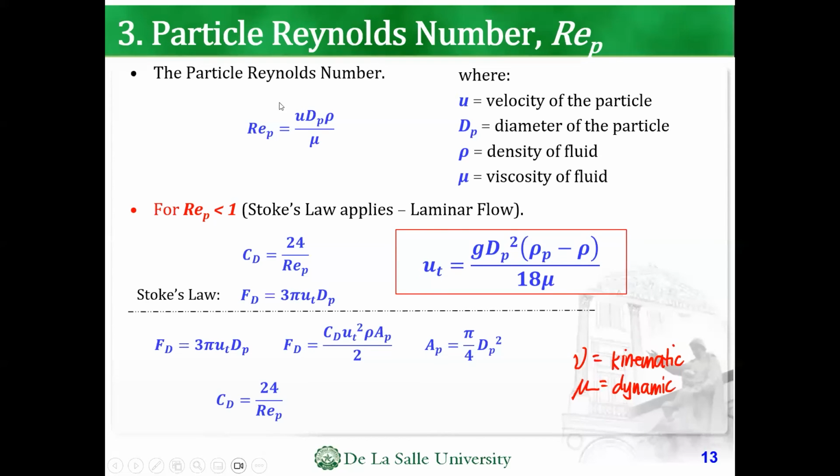Do take note, guys, that for the Reynolds number, apart from the density of the particle and the terminal velocity of the particle, the rest are for the fluid. Of course, the viscosity of the fluid where it is moving, and the density of the fluid at which it is in. So that's the Reynolds number, right? Now, this one is for Stokes' law.